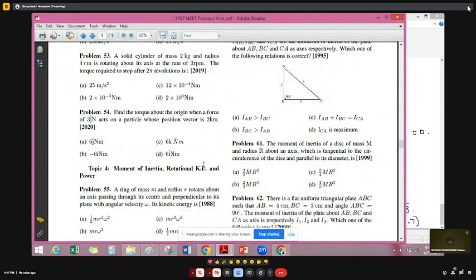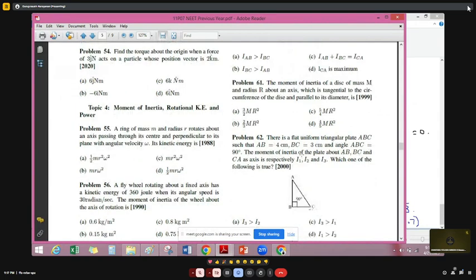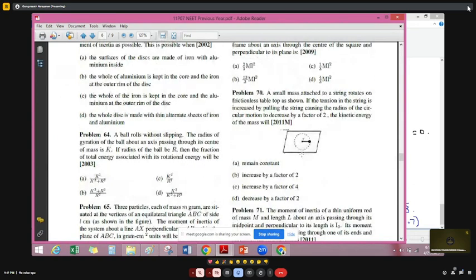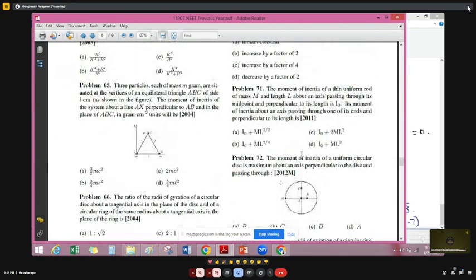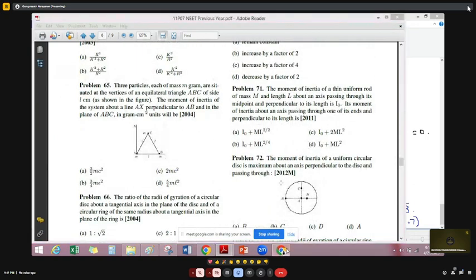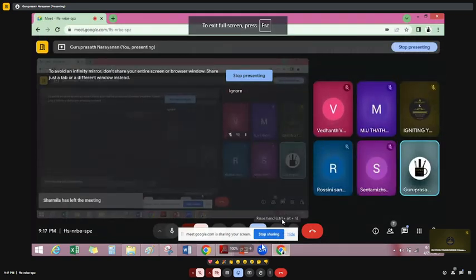I'm not going to force you because it's a very lengthy chapter, so maybe at least try to do up to 50. If required, we can do 2 more classes in this same chapter. Is that okay, everyone?